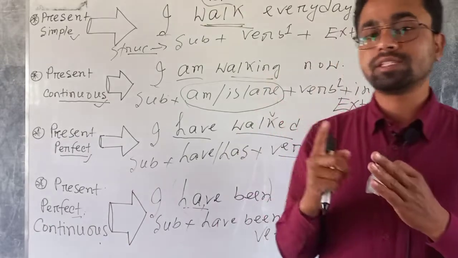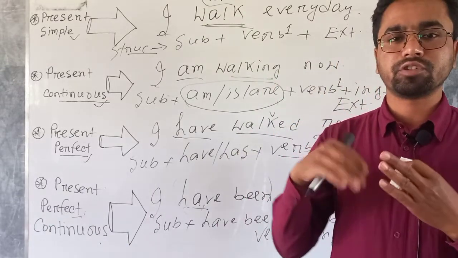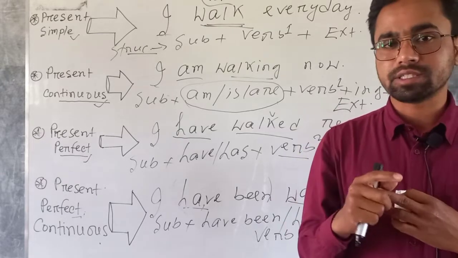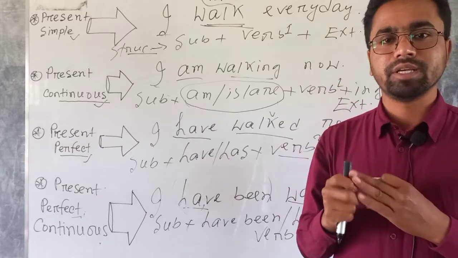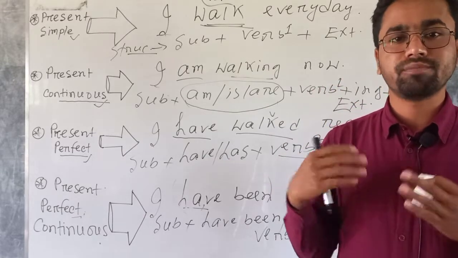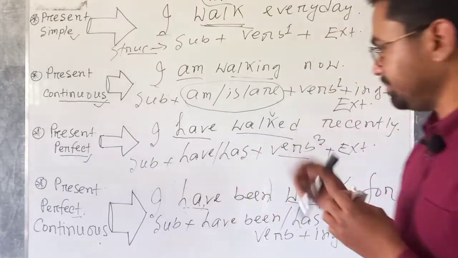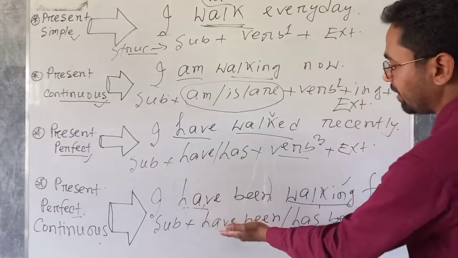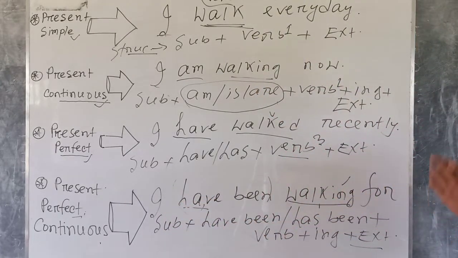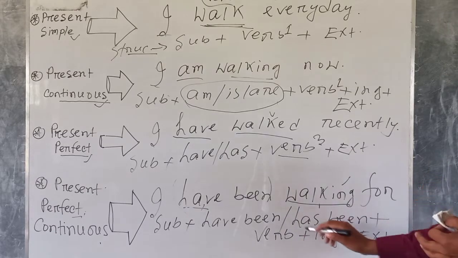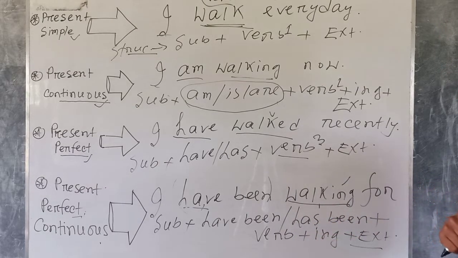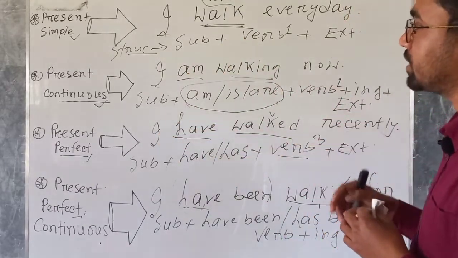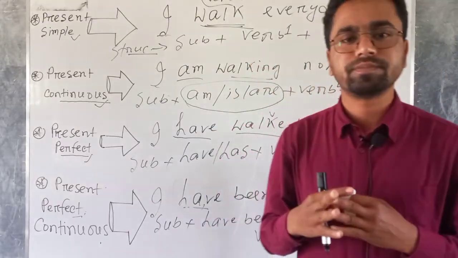For means amount of time, I mean for 2 hours, for 3 hours, for 30 minutes. Since points to the starting point of a time, since Monday, since Sunday, since morning, etc. In the present perfect continuous tense, there is a subject and have been or has been as auxiliary verb, and then you need to use verb with ing form.